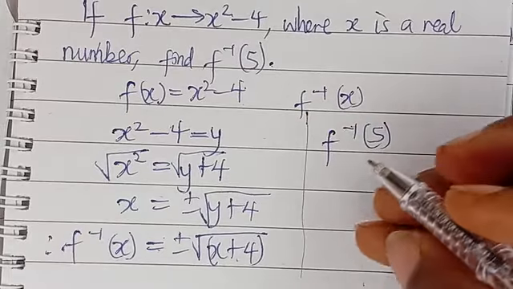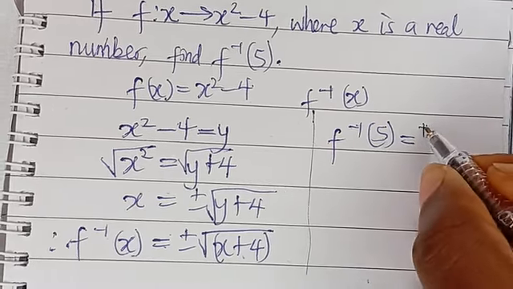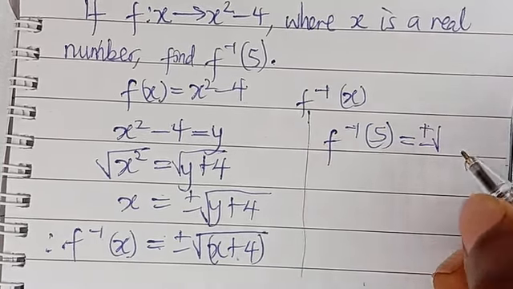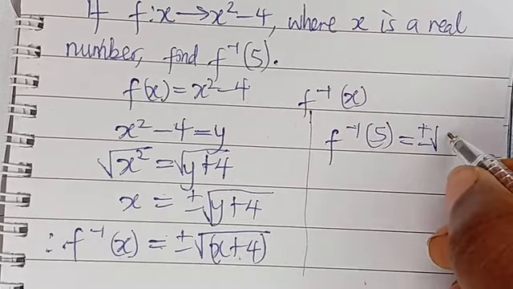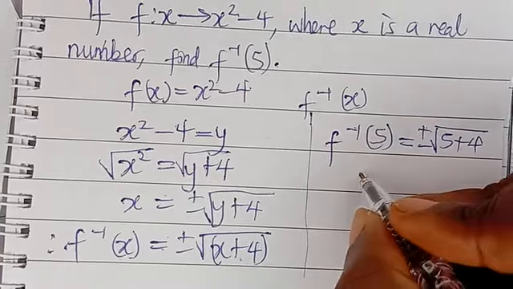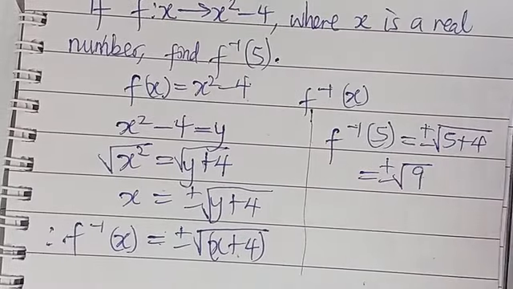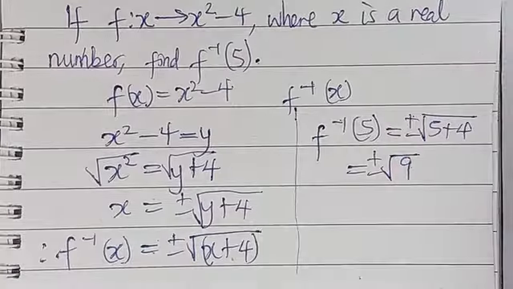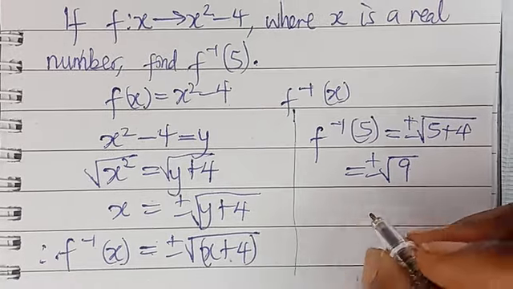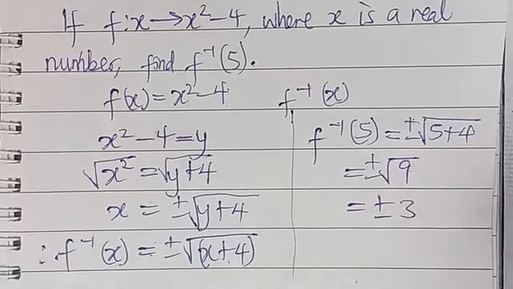So we substitute. We have plus or minus the square root of 5 plus 4, which is equal to plus or minus the square root of 9, since 5 plus 4 is 9. The square root of 9 gives us plus or minus 3.